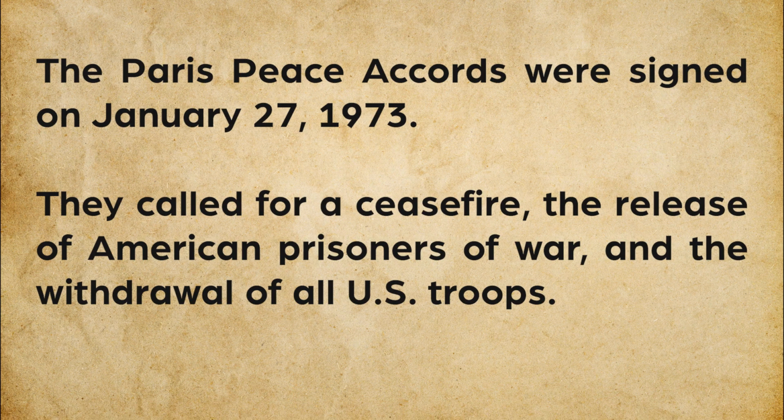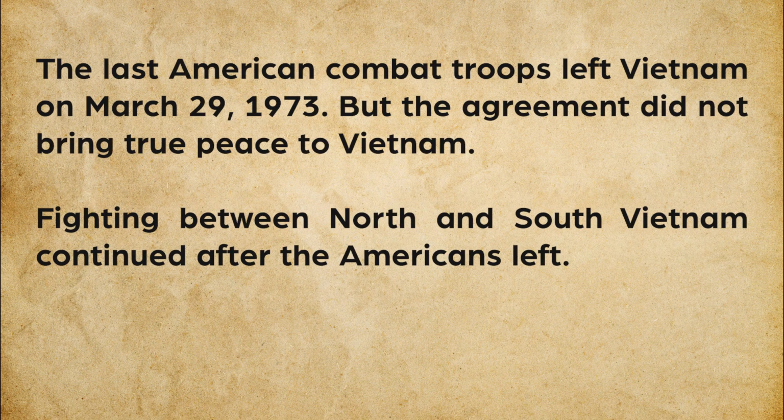They called for a ceasefire, the release of American prisoners of war, and the withdrawal of all U.S. troops. The last American combat troops left Vietnam on March 29, 1973. But the agreement did not bring true peace to Vietnam. Fighting between North and South Vietnam continued after the Americans left.